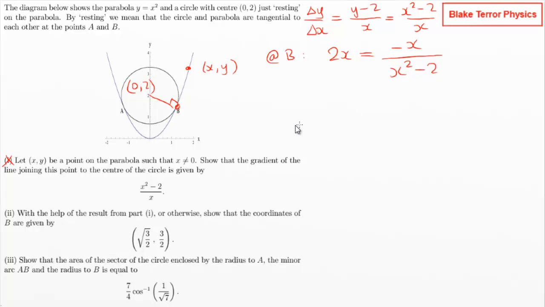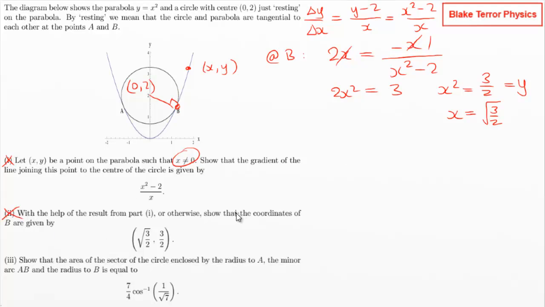We also know x is not equal to 0, so we can cancel these x's, which helps. So we've got 2x squared, then we're going to get a minus 4. Put that back on the other side, gives us a 4. Take off 1 is 3. So x squared is 3 over 2, which, oh well, that is y, isn't it? And then that means that x is going to be the square root of 3 over 2.